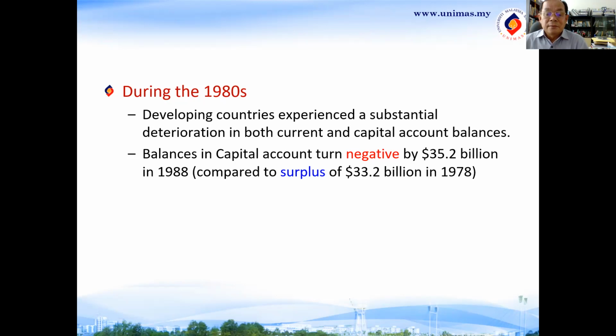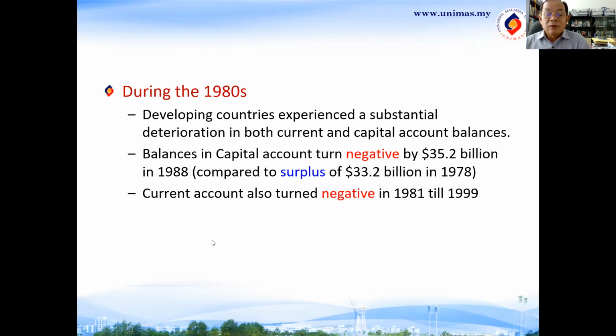Right, so a sudden turn, yeah, negative in the late 1980s. So the current account also turned negative as well, right? In 1981 to 1999. Maksudnya tidak banyak ekspor barang dan juga services because of the crisis, actually economic crisis.